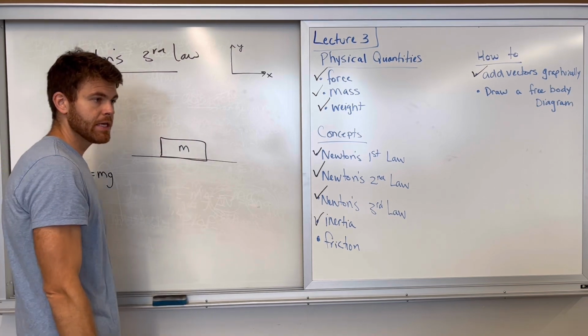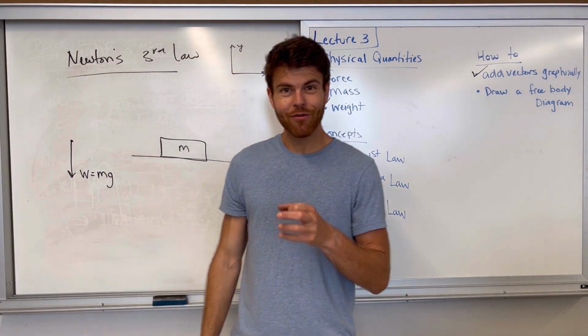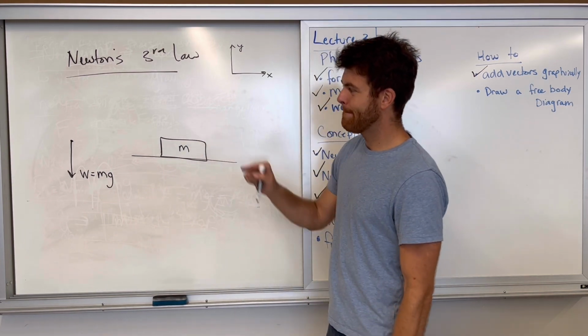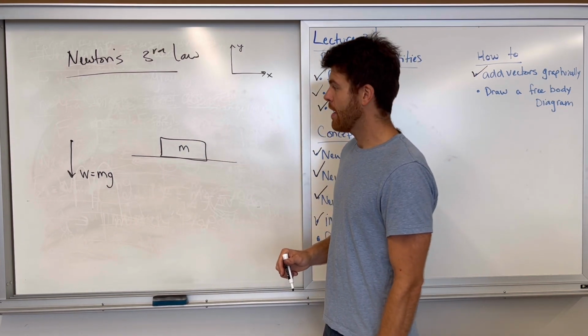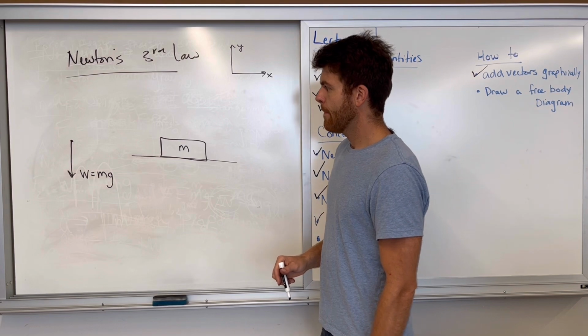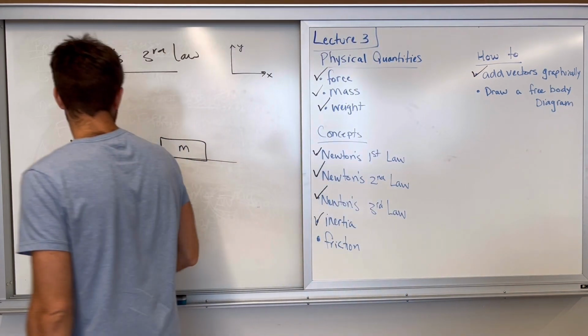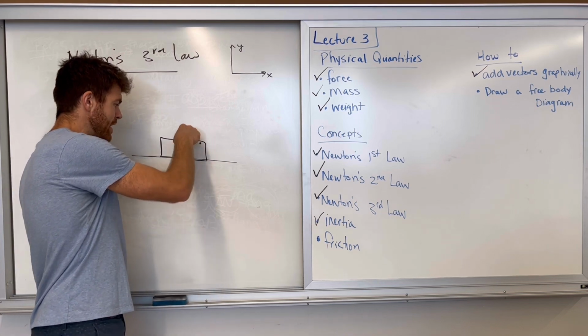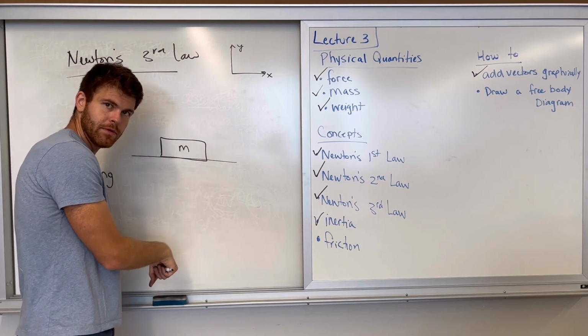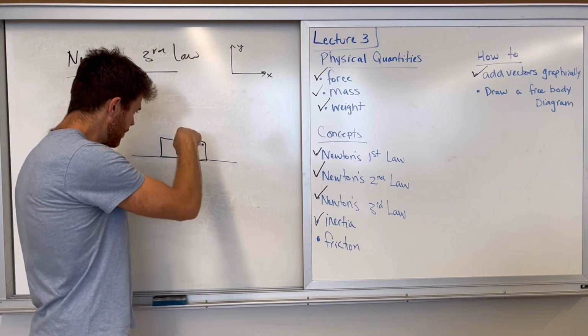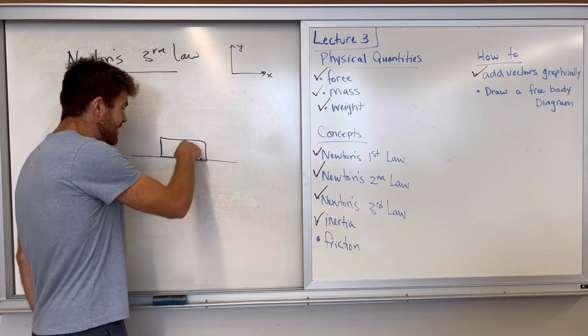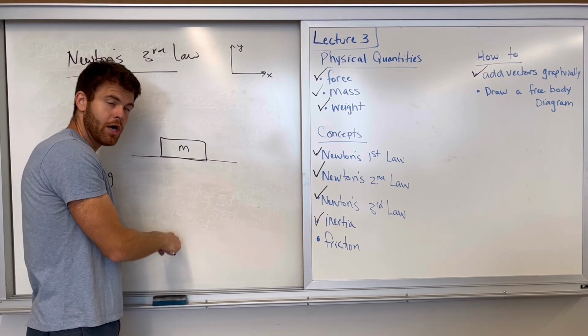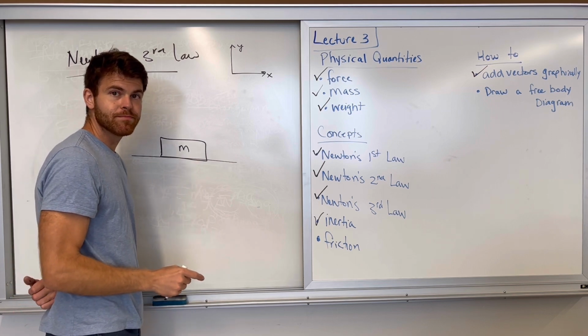So obviously there must be other forces acting on it that are counteracting that weight. And what force is that? Well, let's turn to Newton's third law. If this object is being pulled down by its weight, by Earth's gravity, that means that this object is pushing on the surface it's resting on.